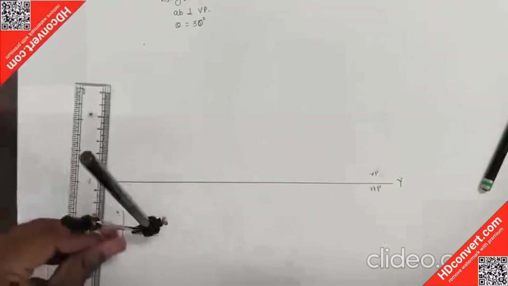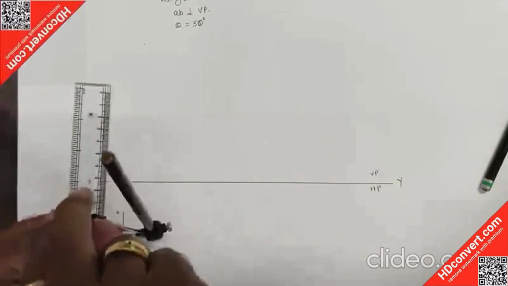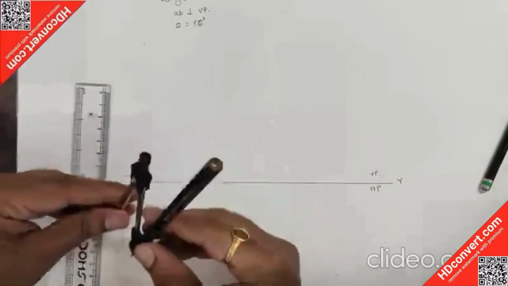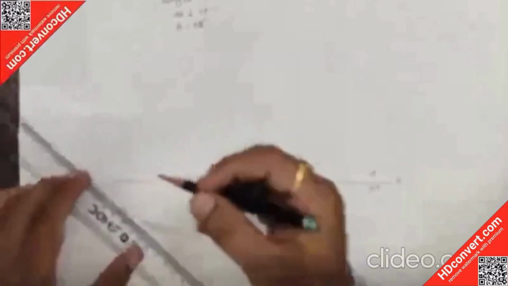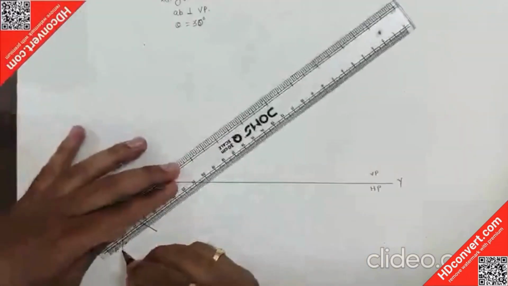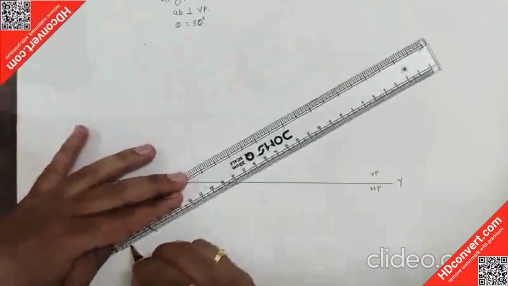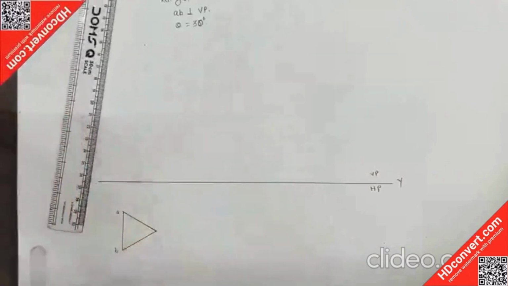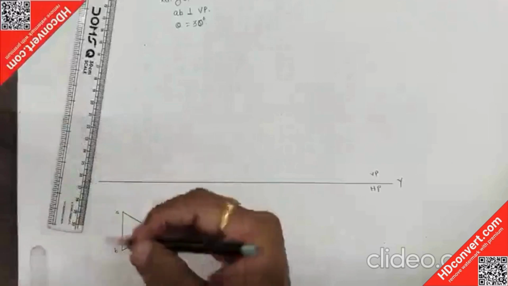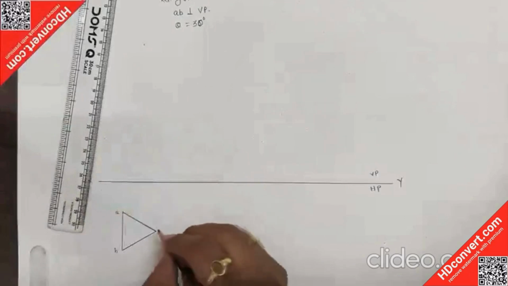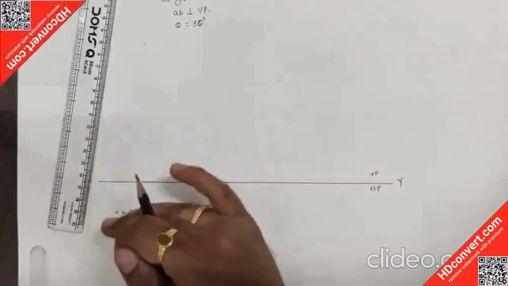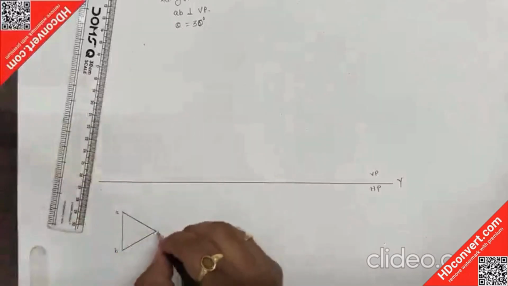30 mm. In this problem statement, the position of the solid in front of VP, that means below XY, is not mentioned, so you can draw it anywhere. You can take this distance approximately, but make sure that after drawing, the top view must not go above the XY line.